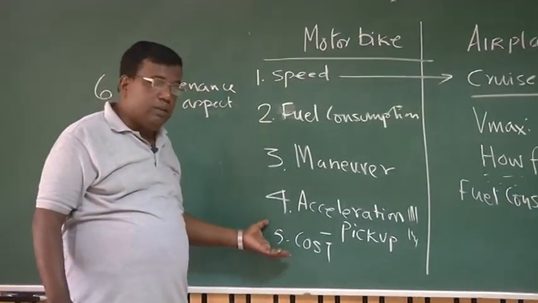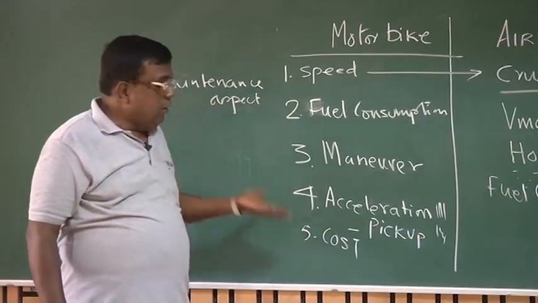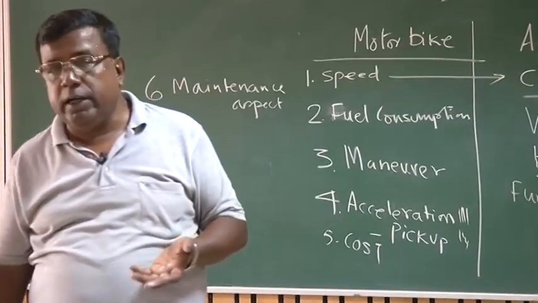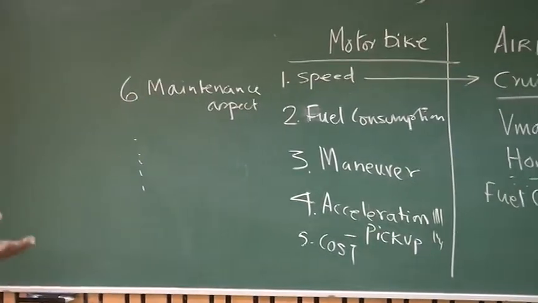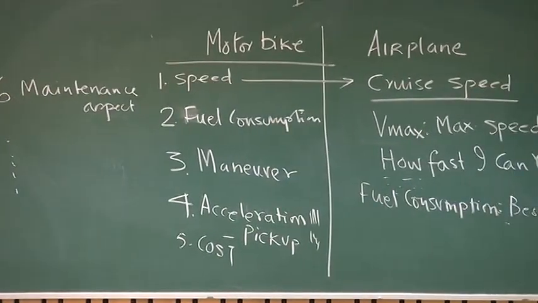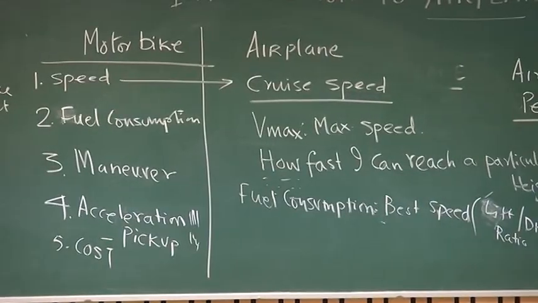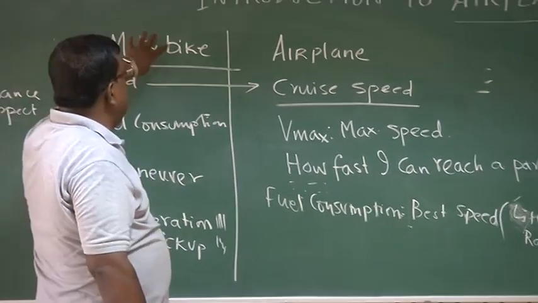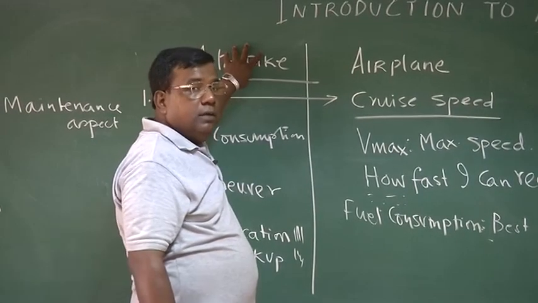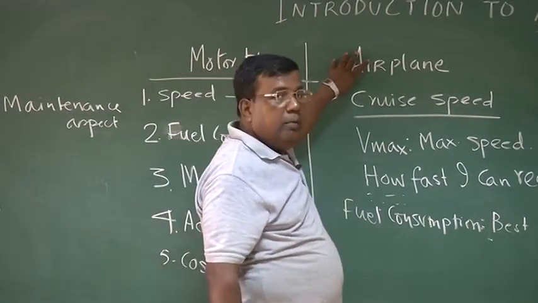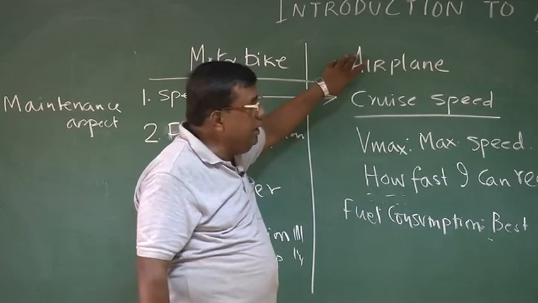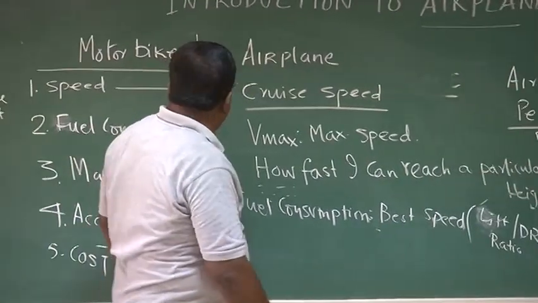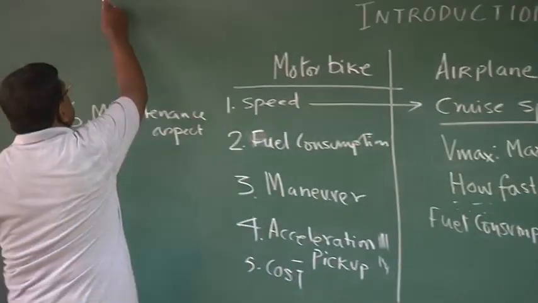Finally, it comes to the cost. Cost is a deciding factor, depending upon how much you can sell and how efficiently you can use your money for a particular mission requirement. Because do not forget, a motorcycle you can drive in any type of road conditions. For an airplane, depending upon its weight and type of airplane, you need an additional thing called a takeoff distance.